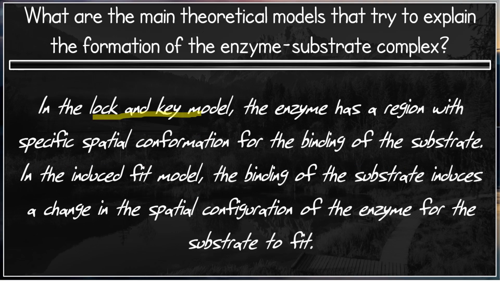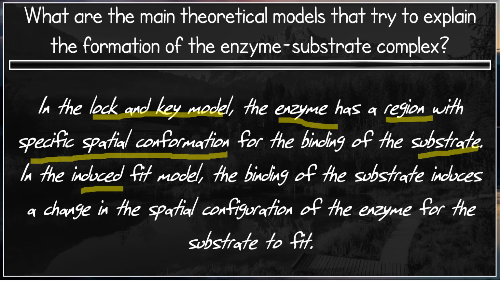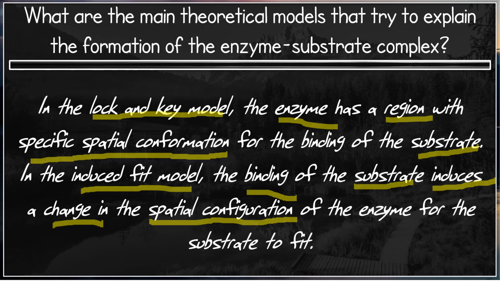In the lock and key model, the enzyme has a region with a specific spatial conformation for binding the substrate. In the induced fit model, the binding of the substrate induces a change in the spatial configuration of the enzyme for the substrate to fit.